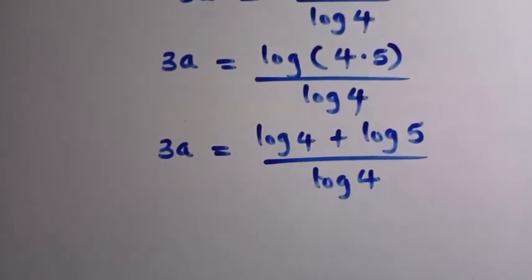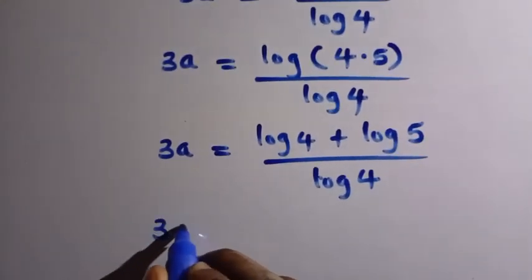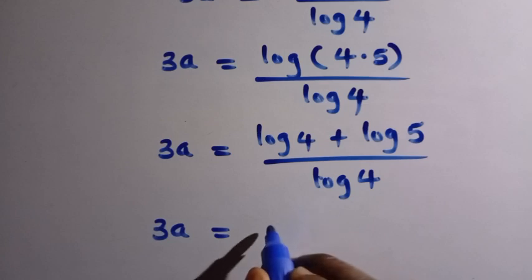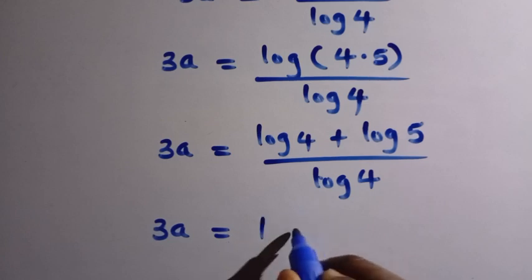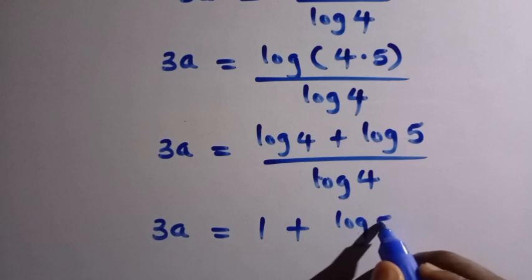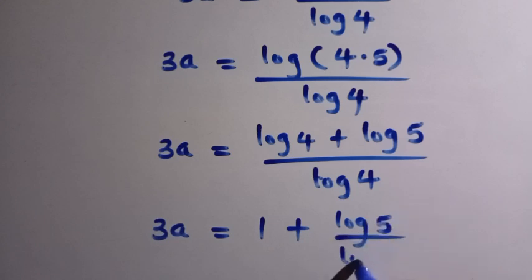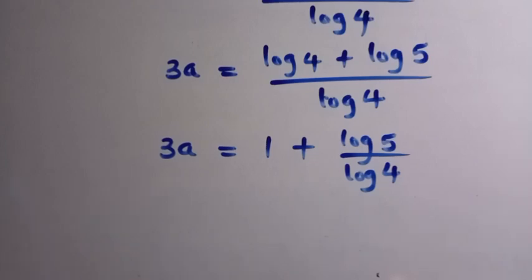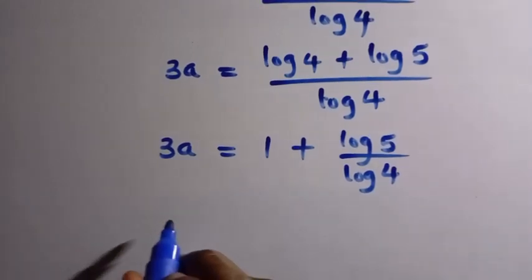And by separating this one, here is 3a equals log 4 divided by log 4, that is 1, plus log 5 divided by log 4.